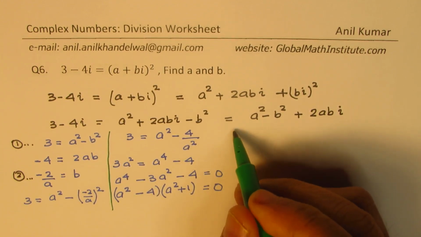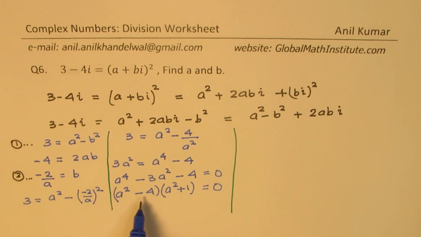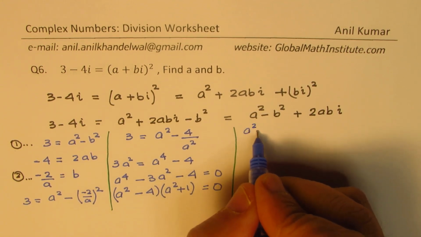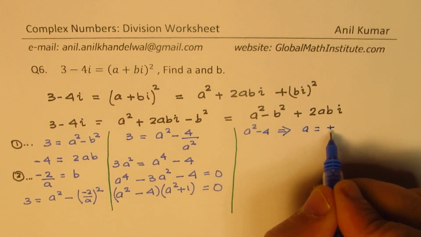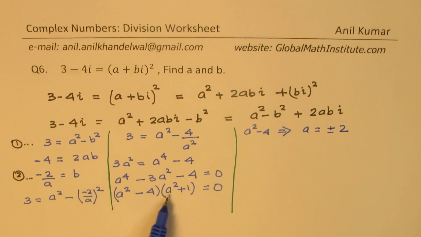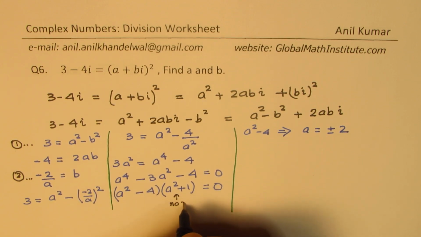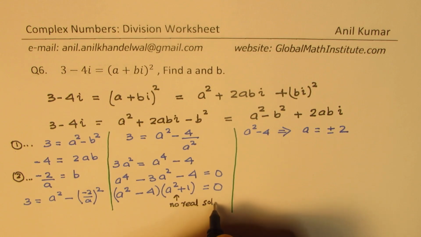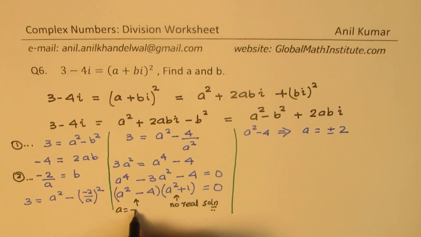So that gives you a couple of solutions. So a square minus 4 means that a could be equal to plus or minus 2, right? Now a square plus 1 has no real solutions, right? So this is no real solution. But that gives you two real solutions. This gives you a equals to plus minus 2.